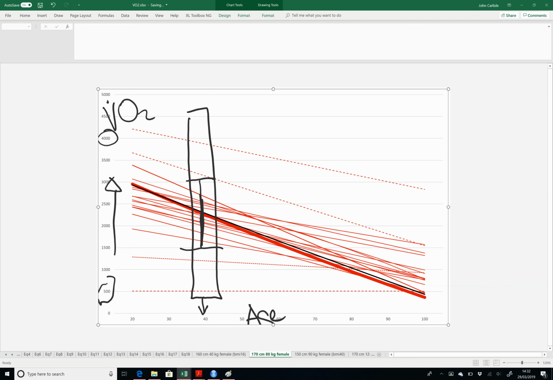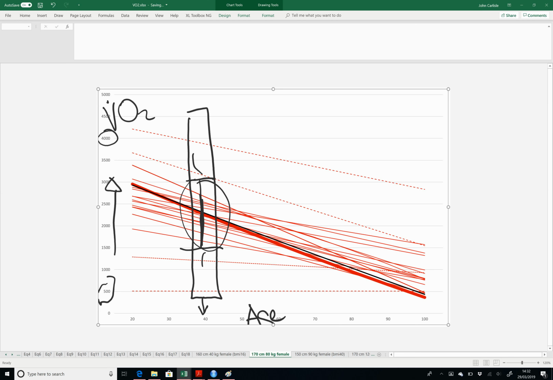So by definition, if we are calling abnormal the outlying 2.5% above and below, then we necessarily have to conclude that this lot in the middle are normal. And so there isn't a single value.